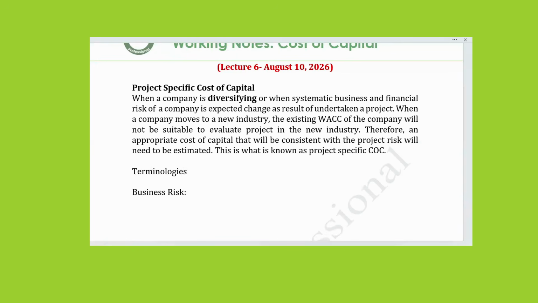Business risk is the risk that is associated with the industry where a company operates, and it is also known as operating risk. That is the risk that involves the variability of cash flows, including revenue or sales, operating profits, operating costs, initial outlay, and any changes in your cash flow.